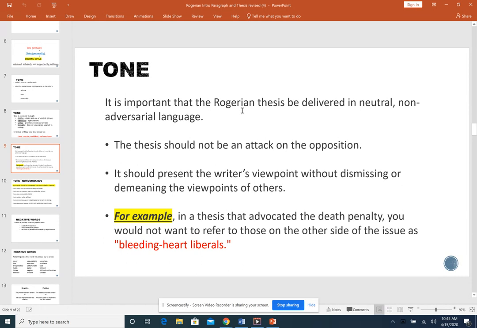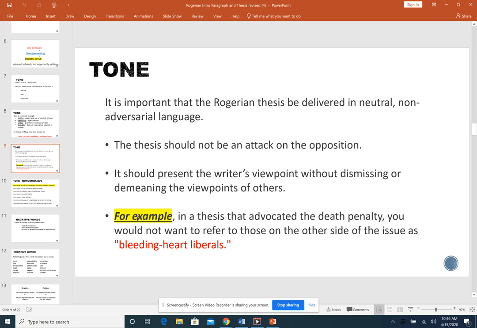It's important that the Rogerian thesis is delivered in neutral, non-adversarial language. Remember, your thesis is not going to be an attack on the opposition. It's going to present your viewpoint without dismissing or demeaning the viewpoints of others.